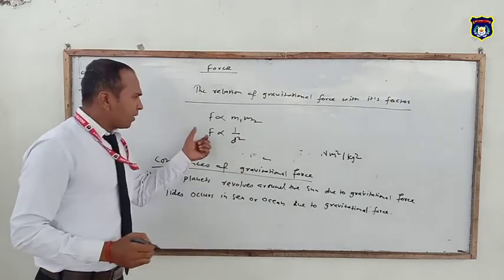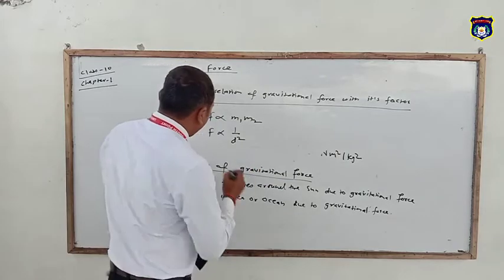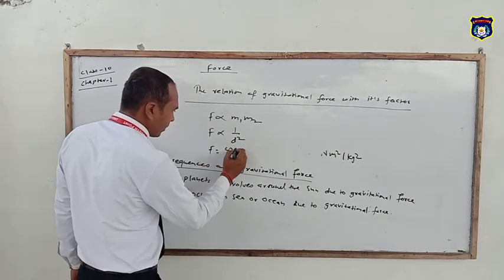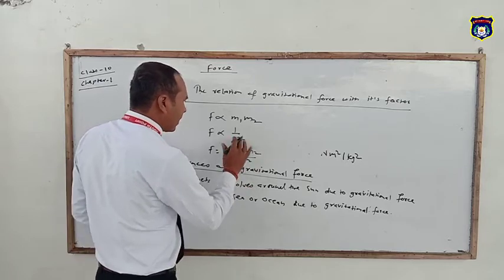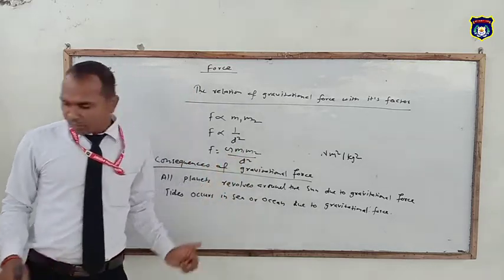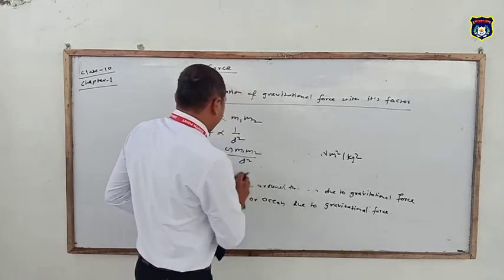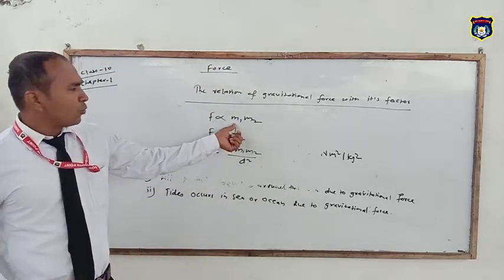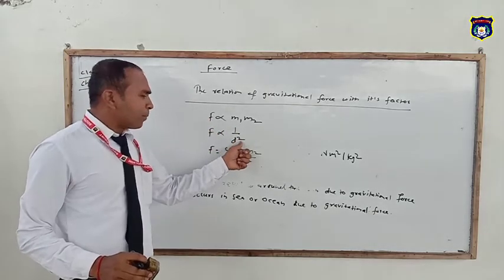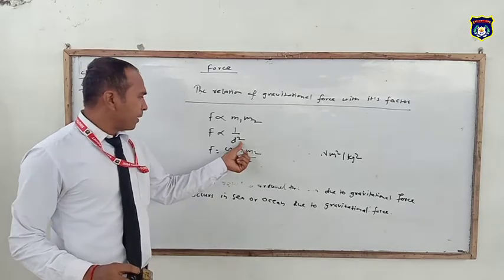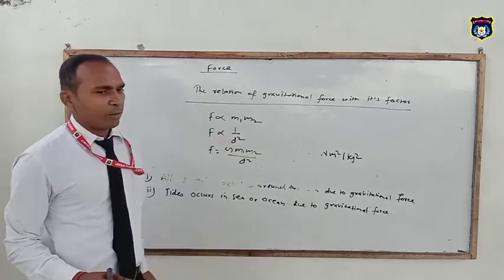From these two relations we can write the formula F is equal to G m1 m2 by d square. It means when the mass increases 2 times, force also increases 2 times. But it is inversely proportional to the square of the distance between them. It means when the distance increases 2 times, the force decreases by 1 by 4.